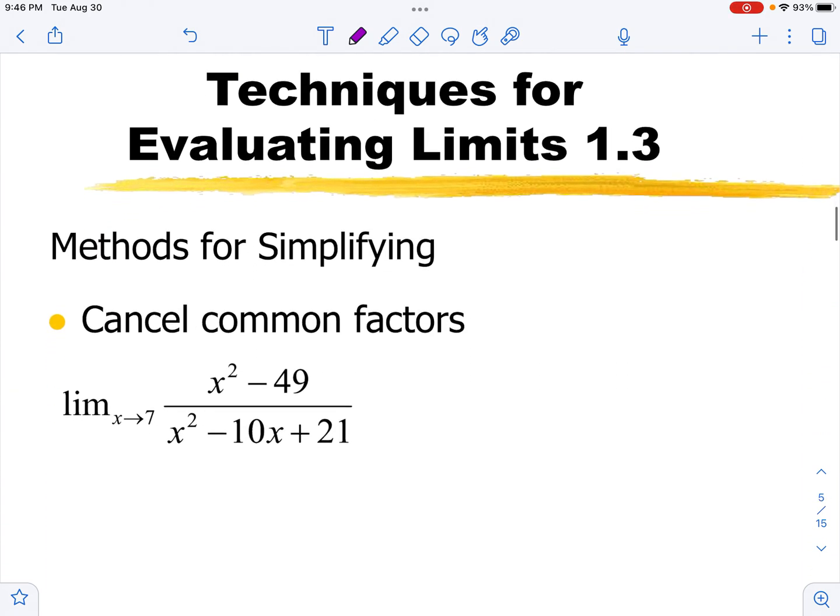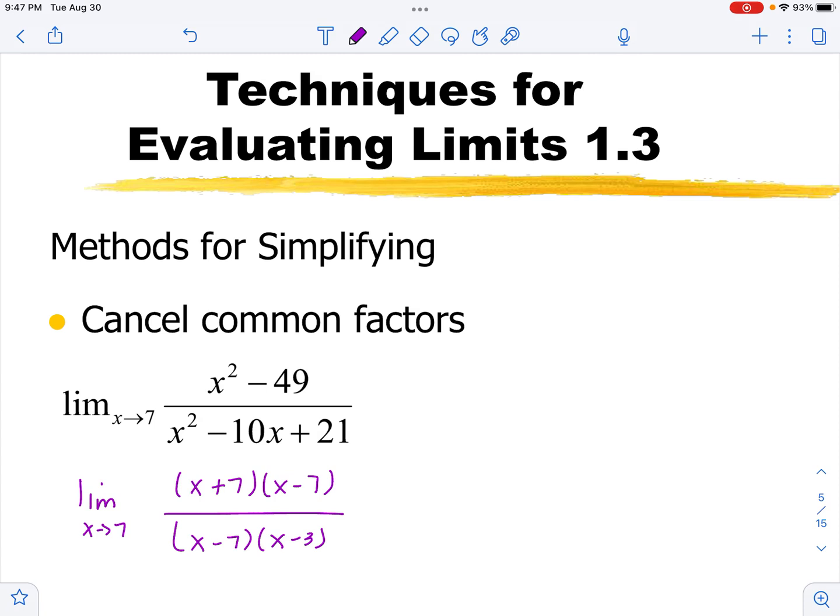Again, here's another common factor type question. Again, make sure that your notation is good. Always write the limit. So we have x plus 7 and x minus 7, and then in the denominator, we're going to have x minus 7 and x minus 3. Again, if we did direct substitution, we'd get 0 in the denominator.